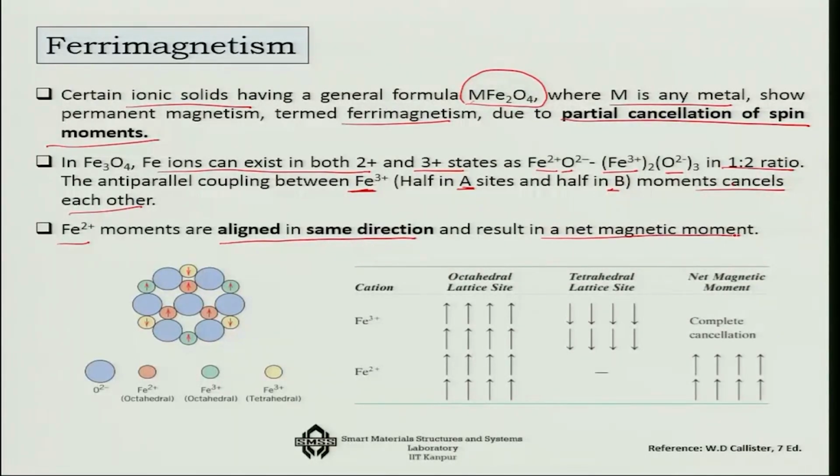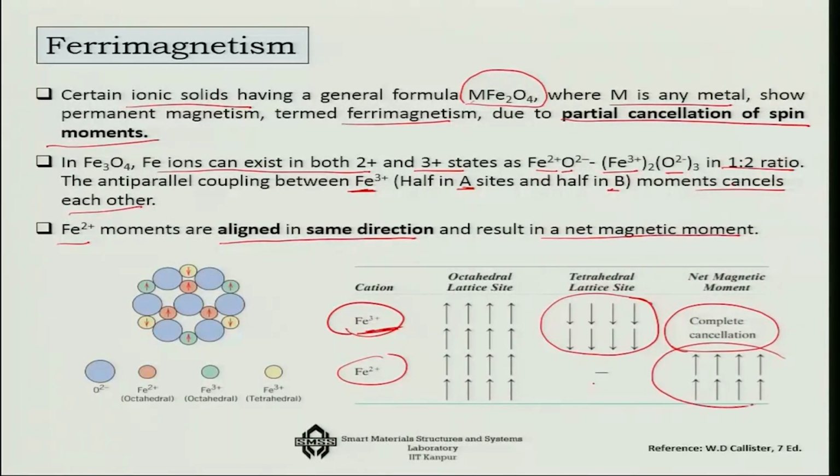So, you can see from the lattice structure that Fe3+ shows similar behavior to Fe2+ in the octahedral lattice site, but in the tetrahedral lattice site you see the opposing magnetic moment, and as a result there is complete cancellation for Fe3+, no net magnetic moment, but for Fe2+ you are going to see some magnetic moment in the system.